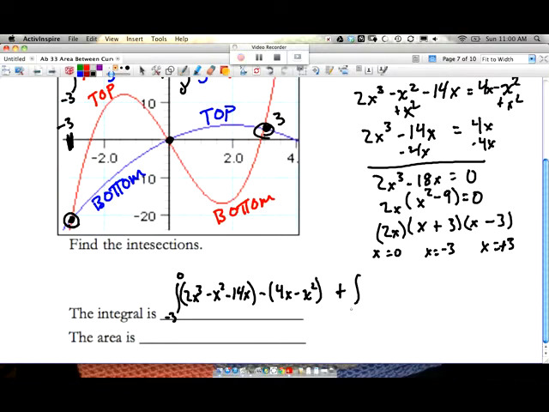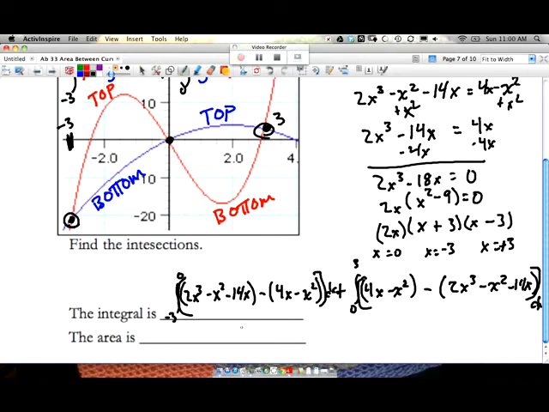Plus, we got a second integral here from 0 to 3 of 4x minus x squared, that's our top the second time, minus 2x cubed minus x squared minus 14x. dx, of course, on both of these, just for good grammar.